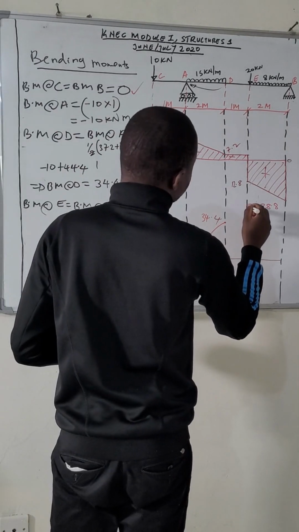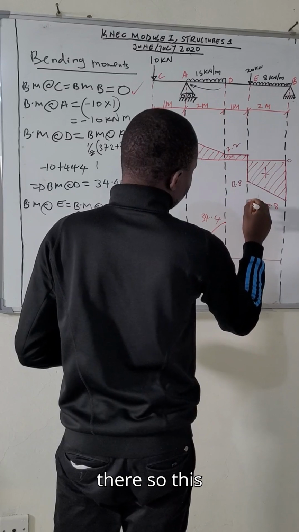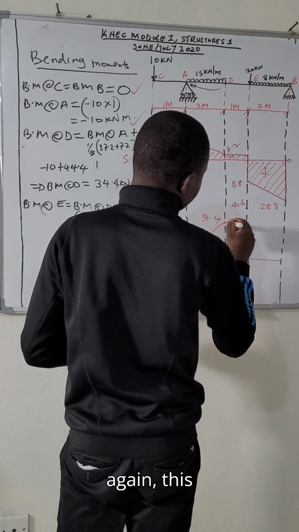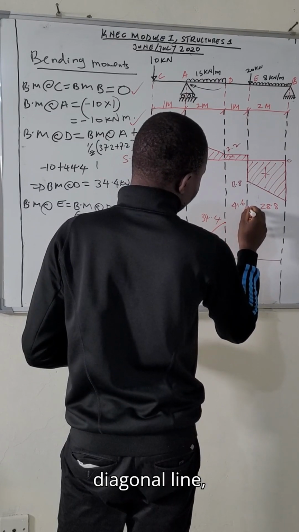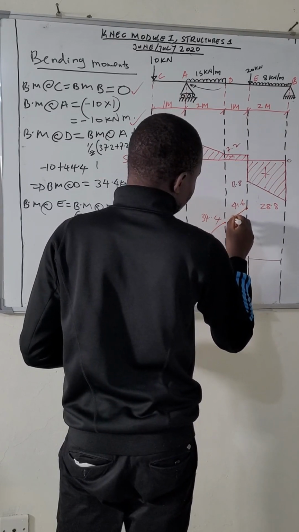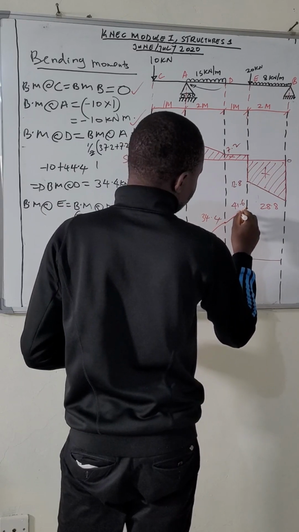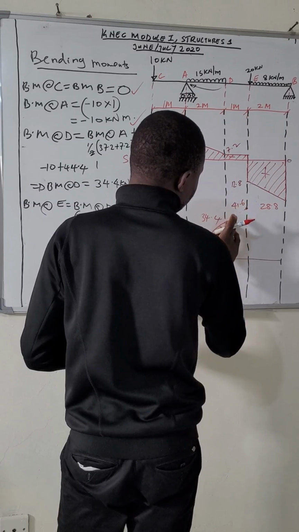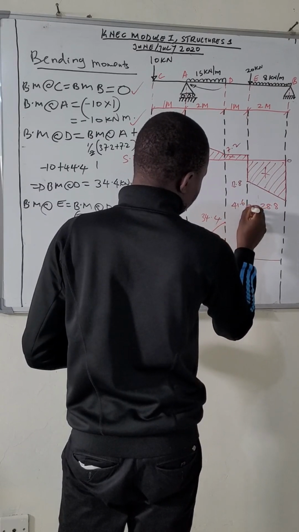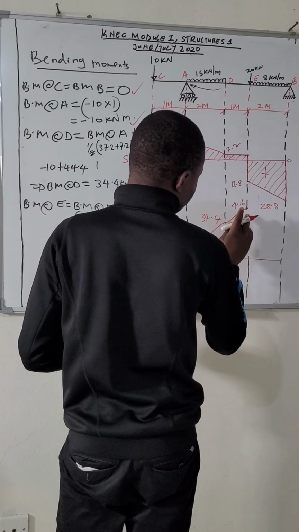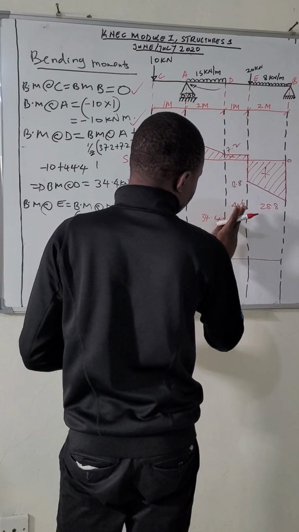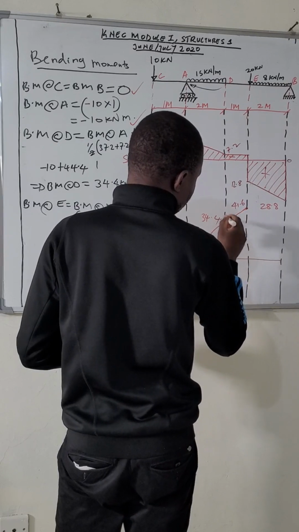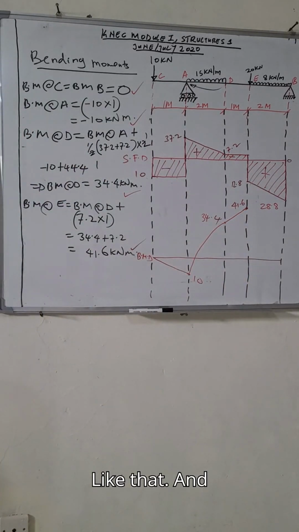Let's approximate somewhere like there. Again, this is a diagonal line, not a straight line, like that.